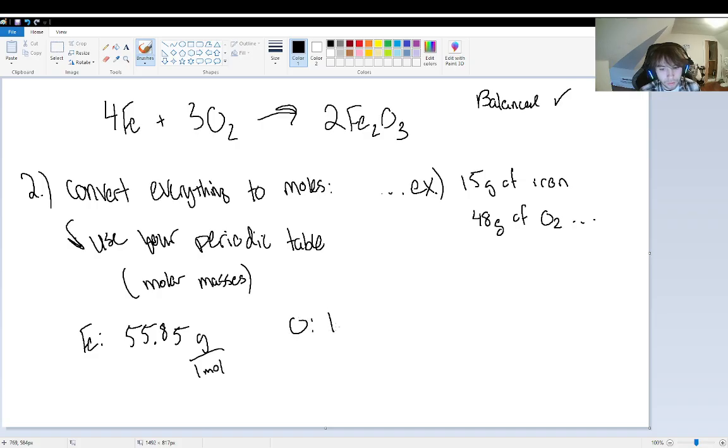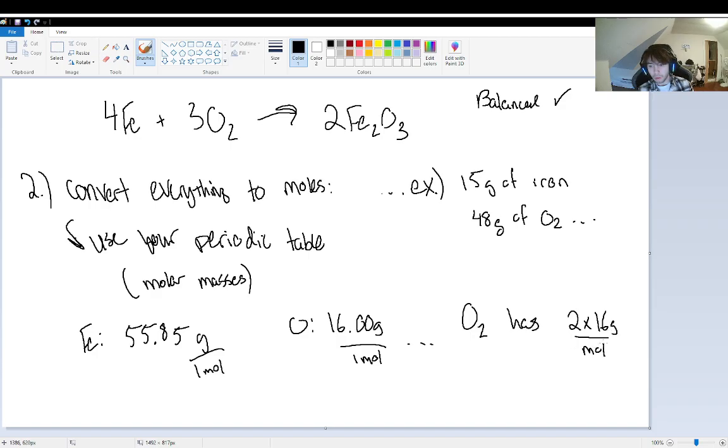Oxygen, 16.00 grams, and this is for 1 mole. But it's O2. So if I have O2, O2 has 2 times 16 grams per mole, equals 32 grams per mole.